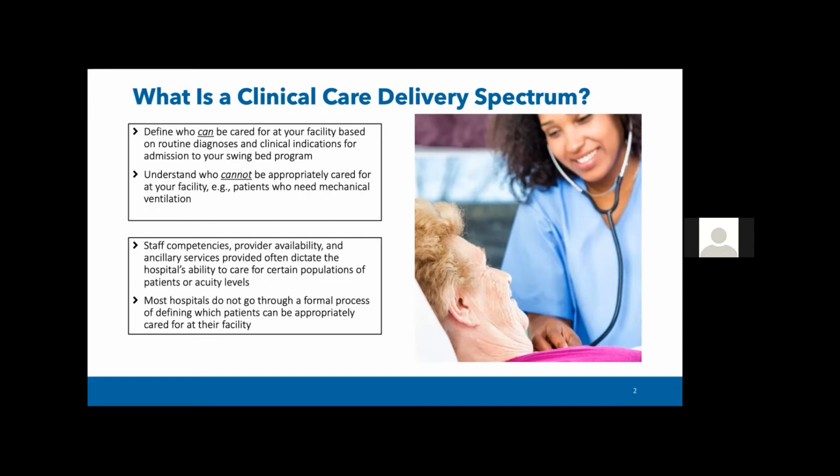Sometimes we fall back on, well, we use admission criteria, and that helps us define what level of care we're going to place a patient in. But this goes beyond that. This is really defining who is our ideal patient for our organization.